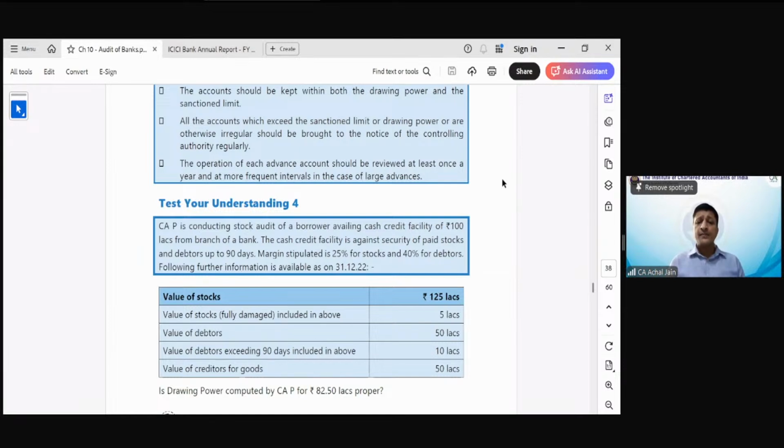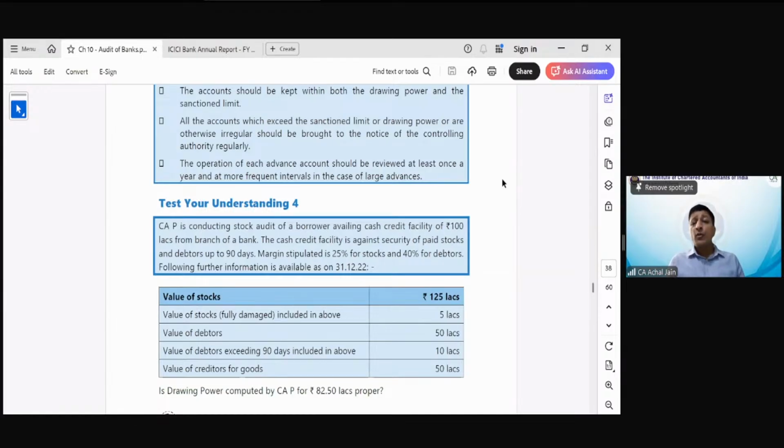And in this case, drawing power is already computed by the chartered accountant. It's already calculated as 82.5 lakhs. Now you are required to only confirm whether this calculation of drawing power is correct or not. So I think in a way you are required to recompute this. Yes or no? Because the calculation is not shown, so you only know the outcome.